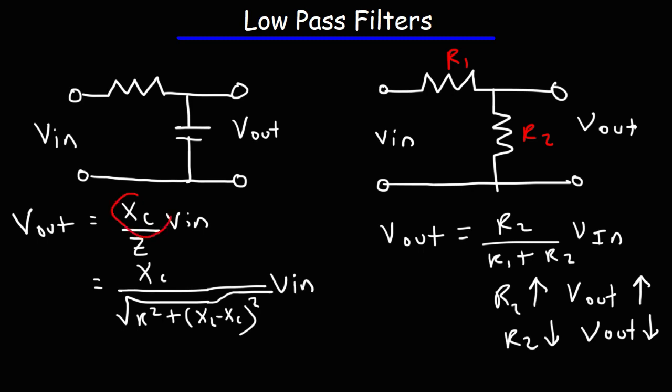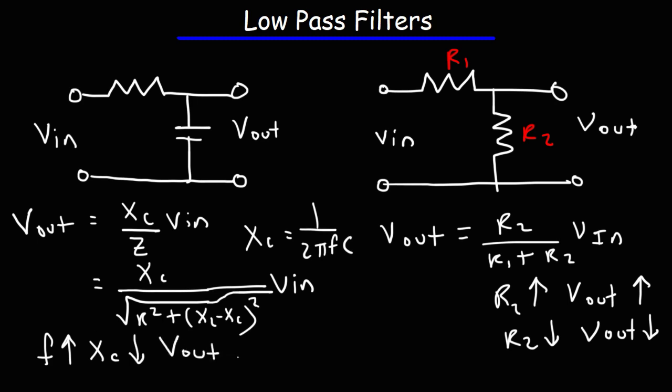The capacitive reactance is kind of like resistance for a capacitor to AC signals. The capacitive reactance is 1 over 2 pi FC. So as the frequency increases, the capacitive reactance decreases, since F is on the bottom here. And as XC decreases, the output voltage decreases as well, because XC is on the top, so these two are directly related.